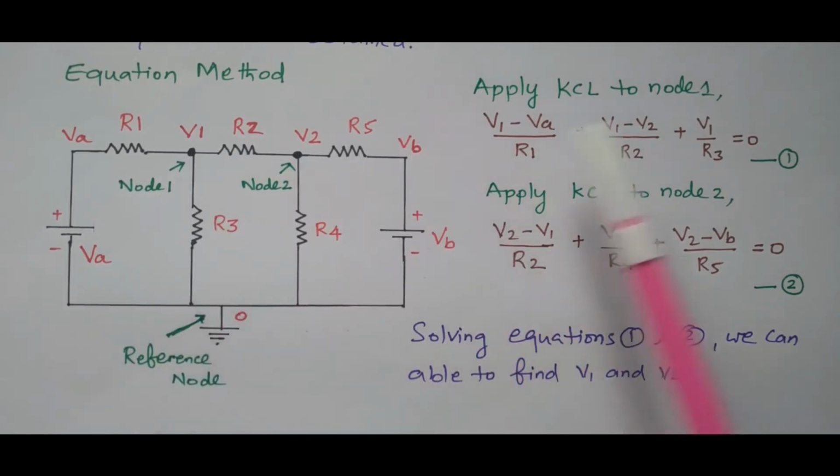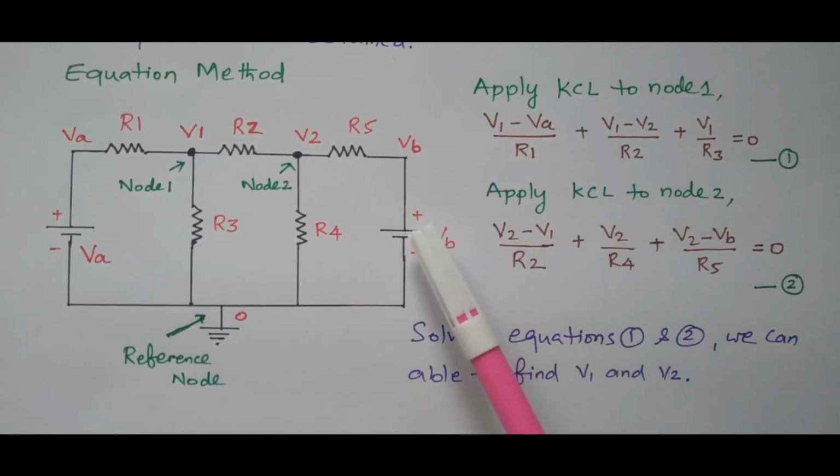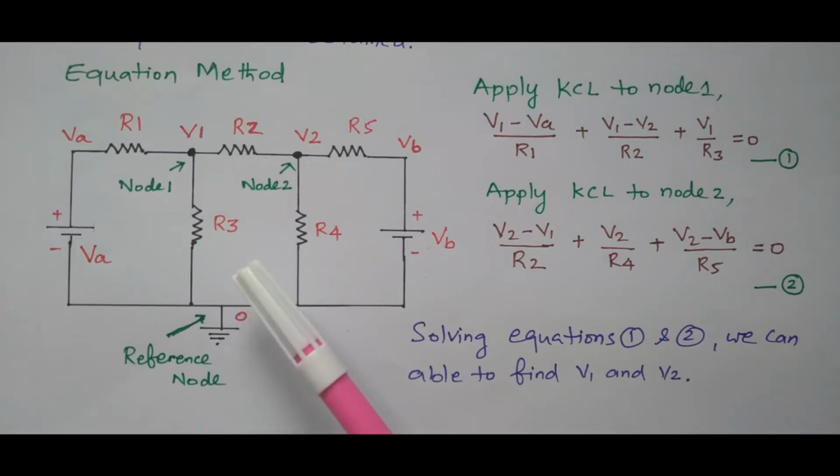Here we are going to apply Kirchhoff's current law. What is Kirchhoff's current law? At a junction, incoming current is equal to outgoing current. Incoming current means current flowing towards the node, and outgoing current means current flowing away from the node. Both are equal. Otherwise, at a junction, the total current is equal to 0.